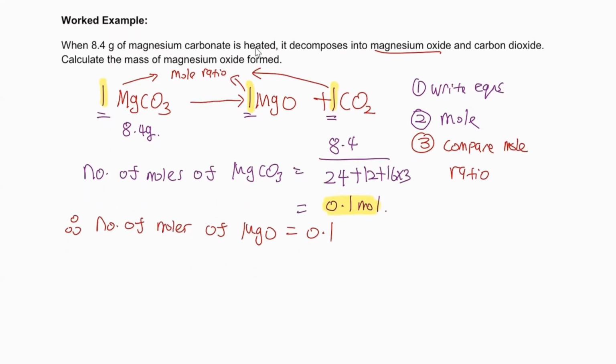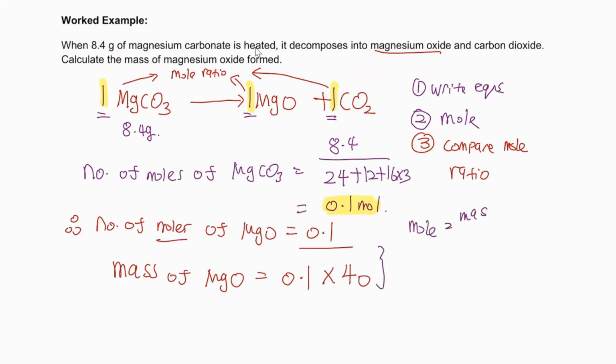So I want to find out the mass. Do I know the moles? Yes, I will find the mass. The mass of MgO is equal to 0.1, which is your mole, multiplied by the molecular weight of MgO. The reason for this is because mole is equal to mass over Mr. To find the mass, all I need to do is take mole times Mr. And this is what I just did here.